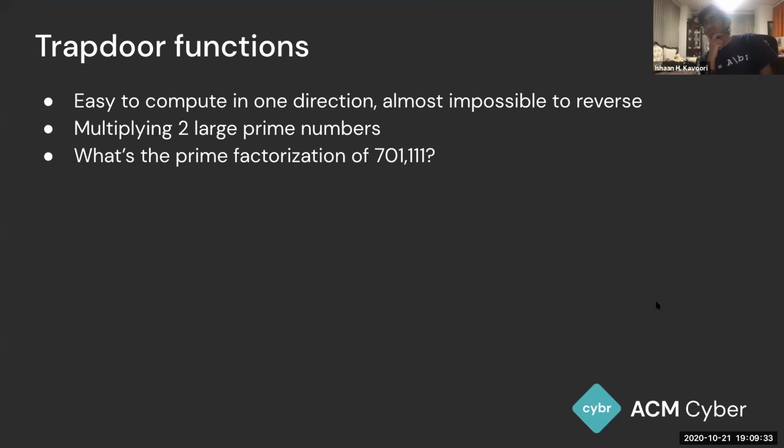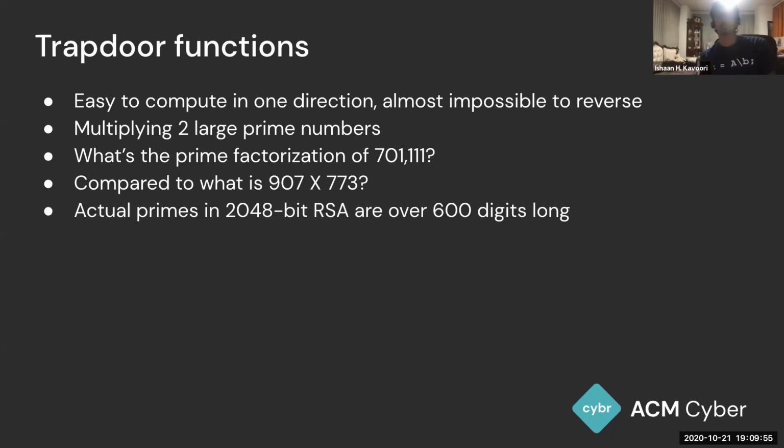A computer could do this almost instantly, but compared to the question, what is 907 times 773? That's a lot easier, right? You can pull out your calculator for that, punch it in, and you get the answer. So that is something that's easy to calculate in one direction, but not so easy in the other direction.